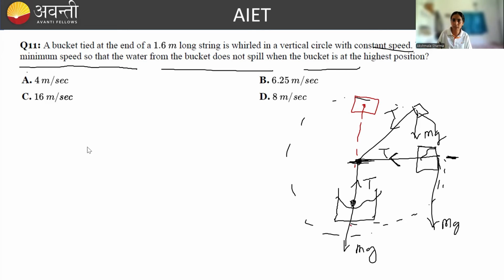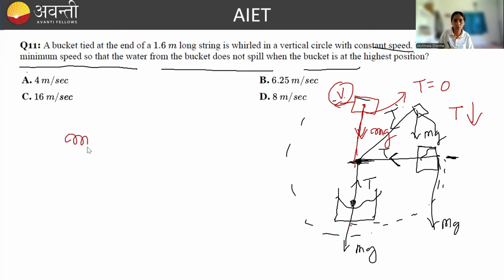So as this bucket will go up, tension will have a tendency to decrease, because the string will become slack. So as you go up, tension will decrease. So at the top, even if tension is becoming 0, suppose, because there is a high chance it will become, then the velocity of the bucket should be such that mg acting here is able to provide the centripetal force.